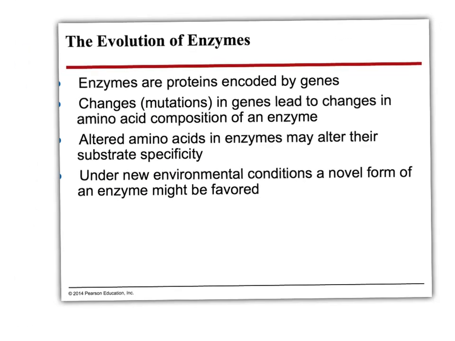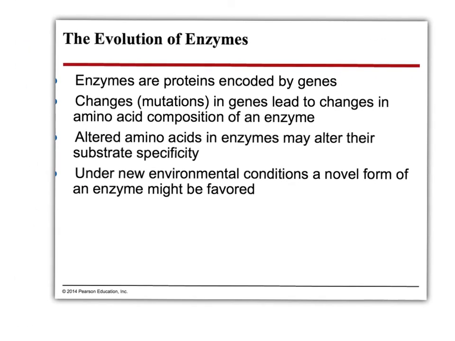Now, we know enzymes are proteins. They're coded by genes. Changes in genes lead to changes in proteins. Changes in proteins lead to changes in structure. A change in the amino acid sequence leads to a change in structure. Because shape and structure are so important in proteins and especially enzymes, a change in structure can lead to a change in activity.